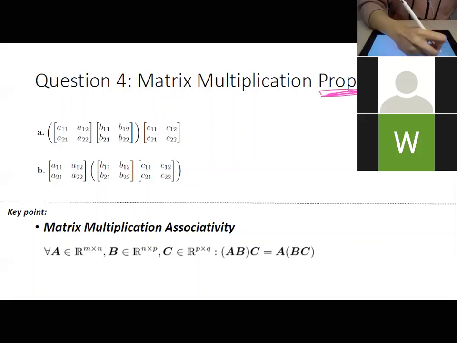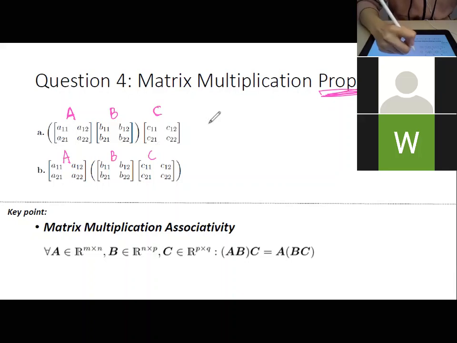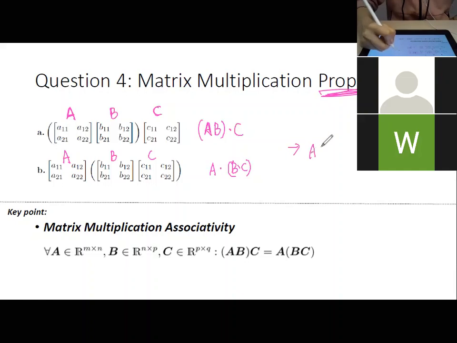For example, this is a matrix A, this is a matrix B, and this is a matrix C. In question A, we do A times B first, then use C to multiply the matrix we got before. And in question B, we calculate B and C first, then use A to multiply them. So we are going to check whether these two are the same.